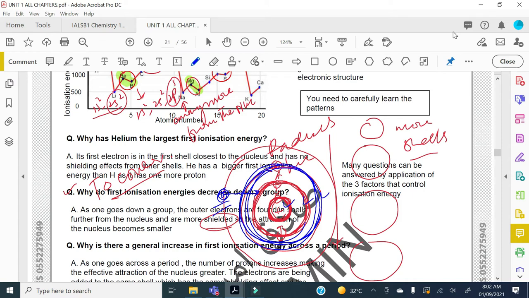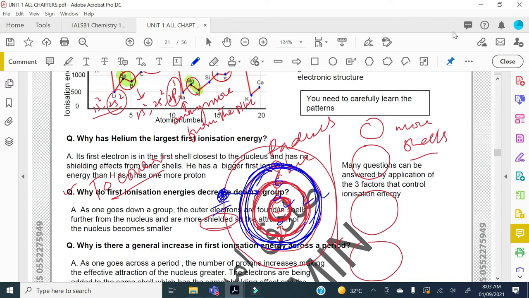The inner shells don't want the electrons living outside to be attracted by the nucleus strongly because they are negatively charged, negative and negative and negative. So a negative cloud is formed around the nucleus, and this cloud affects the force of attraction with the outermost electron. The more the number of electrons, the higher this repulsive force will be.